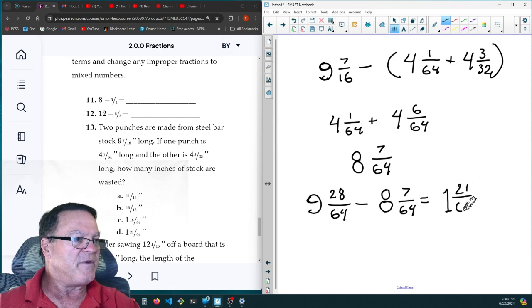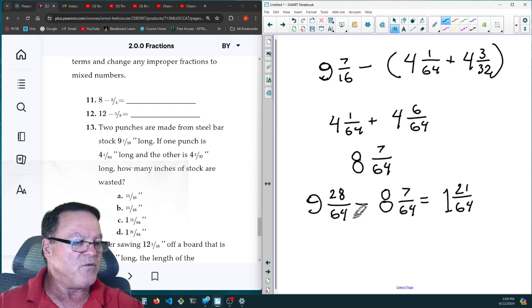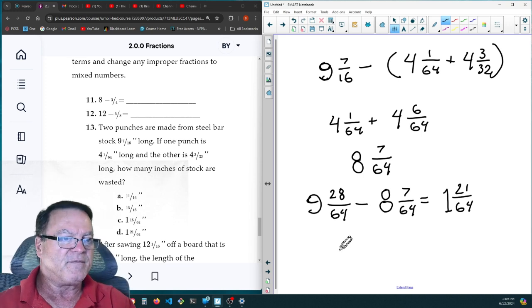I'll leave the denominator the same. So 9 and 28/64 minus 8 and 7/64 equals 1 and 21/64.